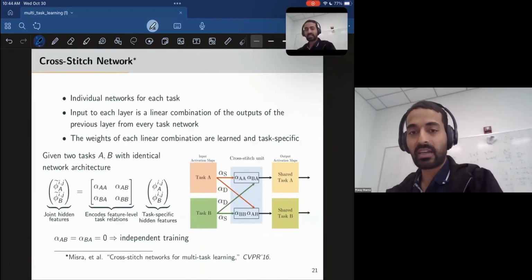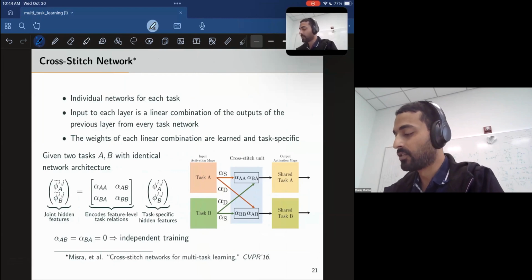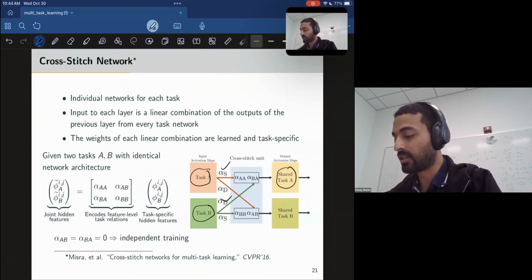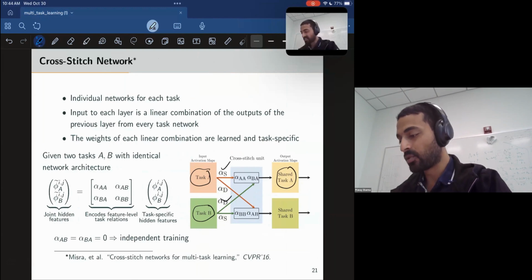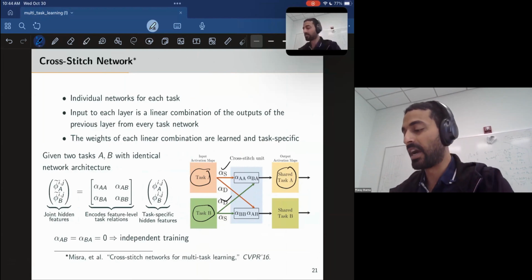So this is exactly the figure I had drawn on the previous slide. You have one layer of task A and one layer of task B. And then when you go to the next layer, you take a combination. For task A, you take a combination of its previous layer and the previous layer of the other task, and so on. We are assuming that the architectures are identical.